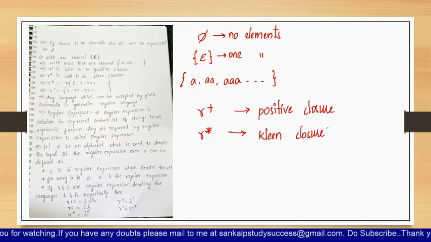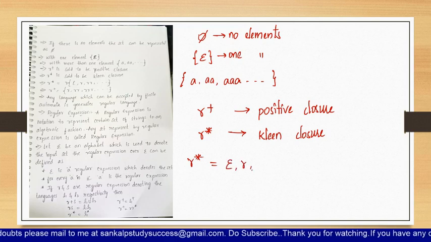So this is the positive closure and r star is the Kleene closure. So what is r star, r asterisk, and what is r plus? Here r star is equal to epsilon, comma, r and so on, like this.